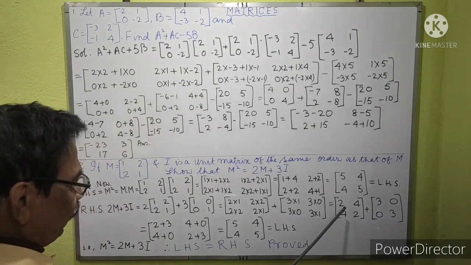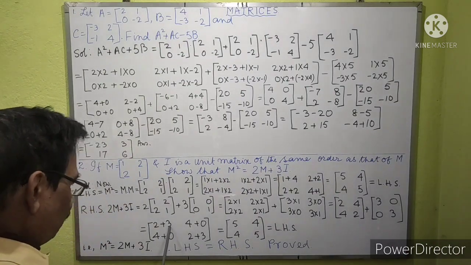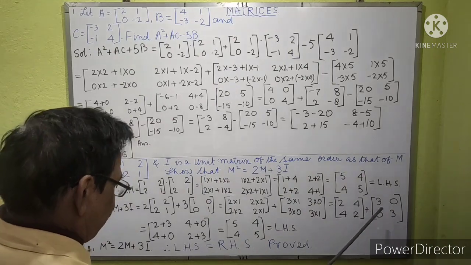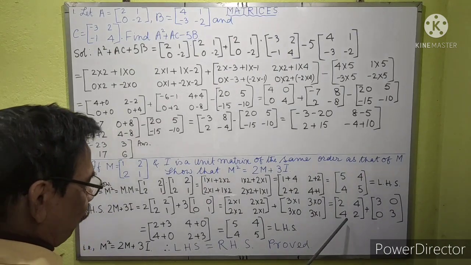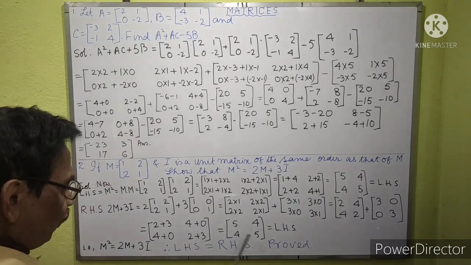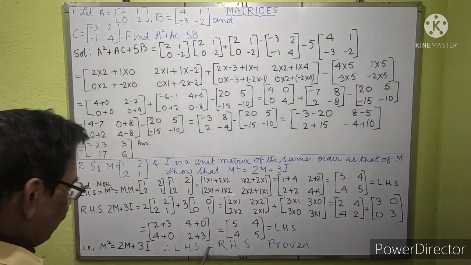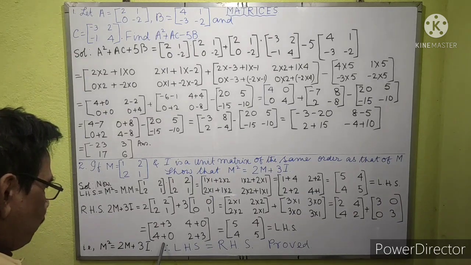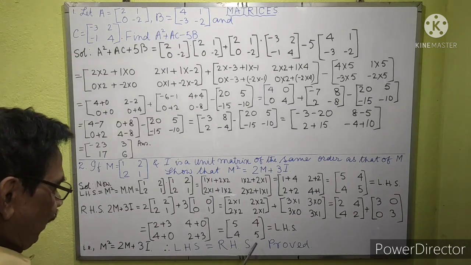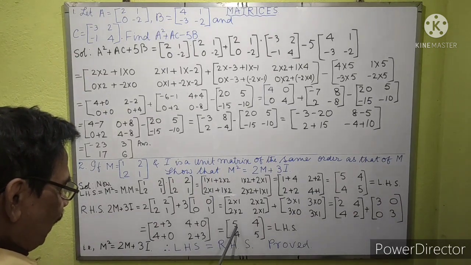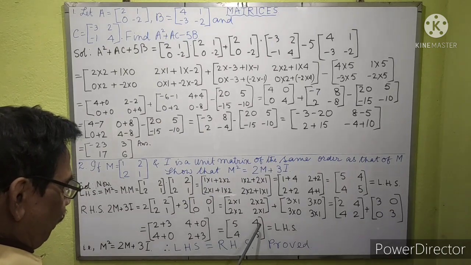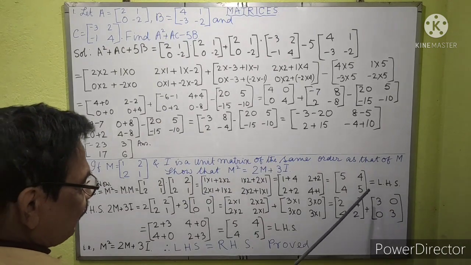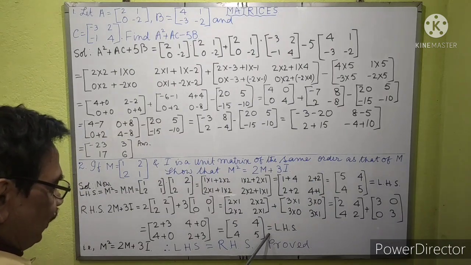Now adding these two we will get 2 plus 3, and 4 plus 0, 4 plus 0, and 2 plus 3. This is 5, 4 and again this is 4 and this is 2 plus 3, 5. So this one, 5, 4 and 4, 5, is same as the left hand side.